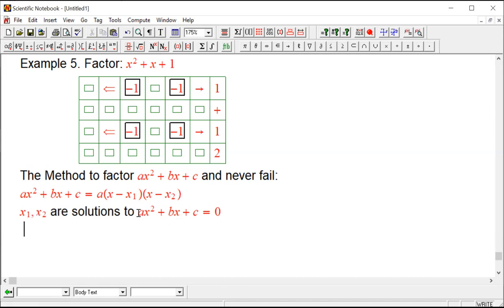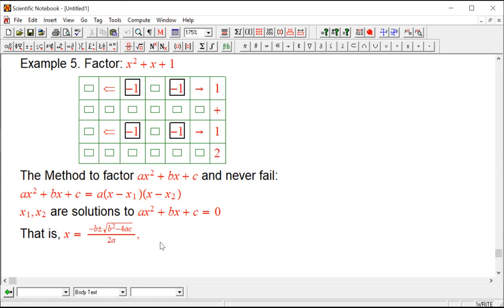And what are the solutions to this quadratic equation? And of course, you know it, right? That is, in the quadratic formula, we have negative b plus or minus the square root of b squared minus 4ac, divided by 2a.